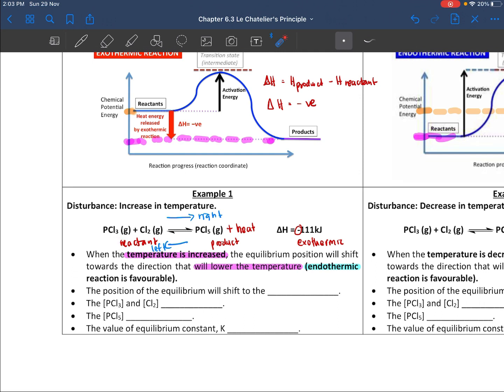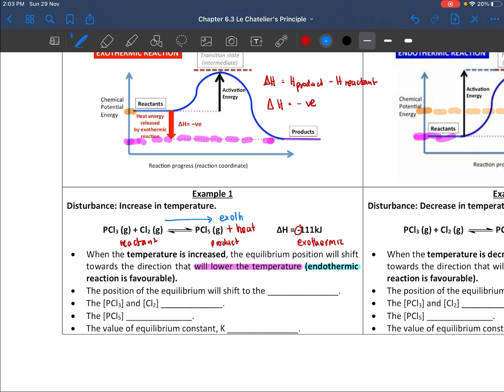Cara yang kedua adalah kamu kena tengok endothermic tu belah mana, exothermic tu sebelah mana. Okay, so sekarang saya padam dah yang tu. So kalau kamu nak guna cara yang seterusnya, kalau dia bagi satu equation and dia kata delta H negative, that means the forward reaction, forward means from left to right, forward reaction dia adalah exothermic.